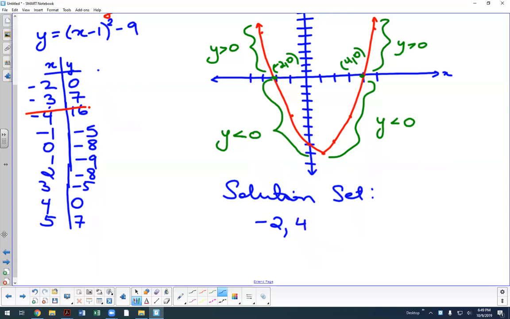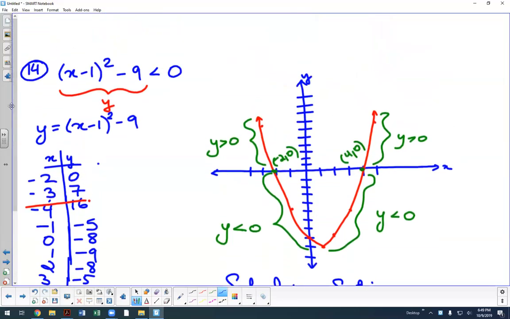All my y values between those x values are going to be less than 0, and I am not including my endpoints. If they had given us less than or equal to 0, I would have put brackets on my endpoints. But since they are saying specifically less than 0, we don't include our endpoints in there.